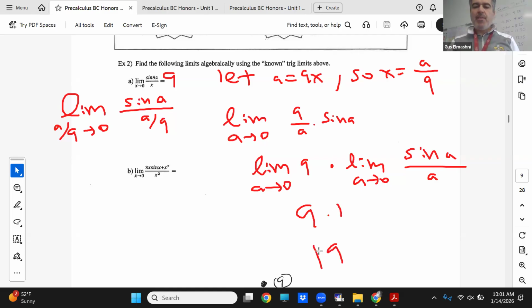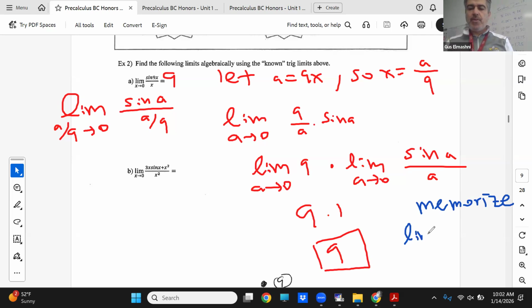Now, I'm not going to ask you to show me all this work because this is going to be part of a bigger problem, as you can see for some of these other problems we're doing. What I will ask is that you memorize this. You could totally just go straight to this.